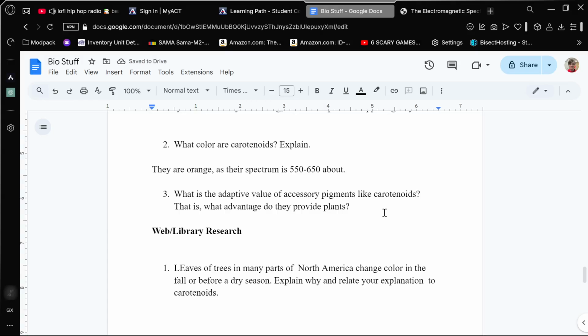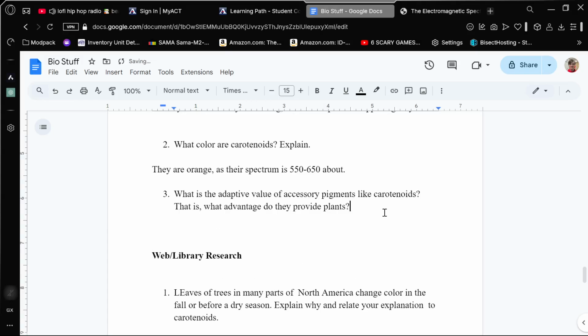What is the adaptive value of accessory pigments like carotenoids? What advantage do they provide to plants? I don't know. She said we're allowed to Google.